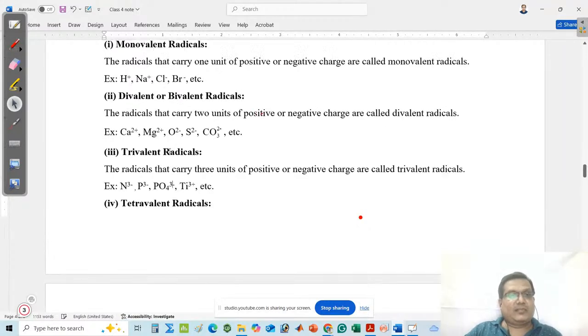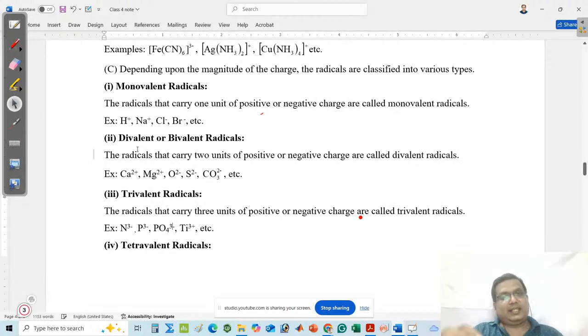If an acid radical or basic radical has one unit of positive or negative charge, then such radicals are said to be monovalent radicals. Similarly, you can think about divalent or bivalent radicals.